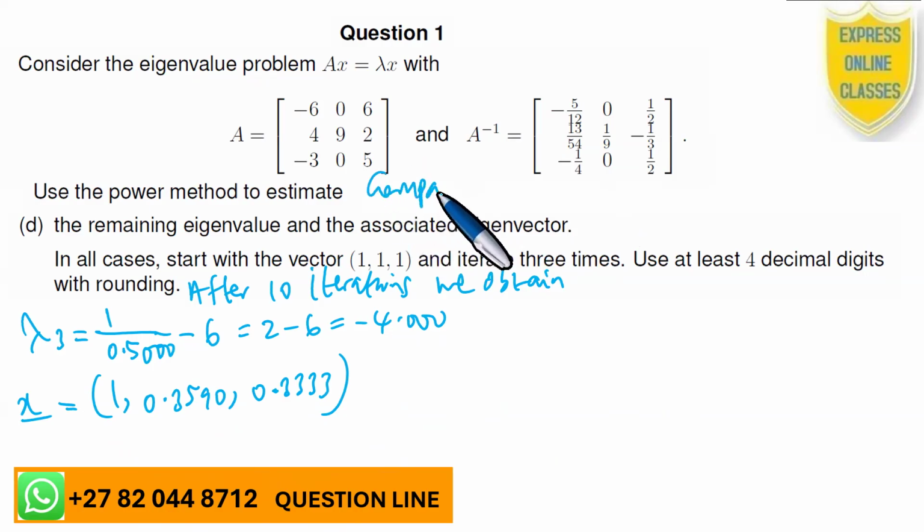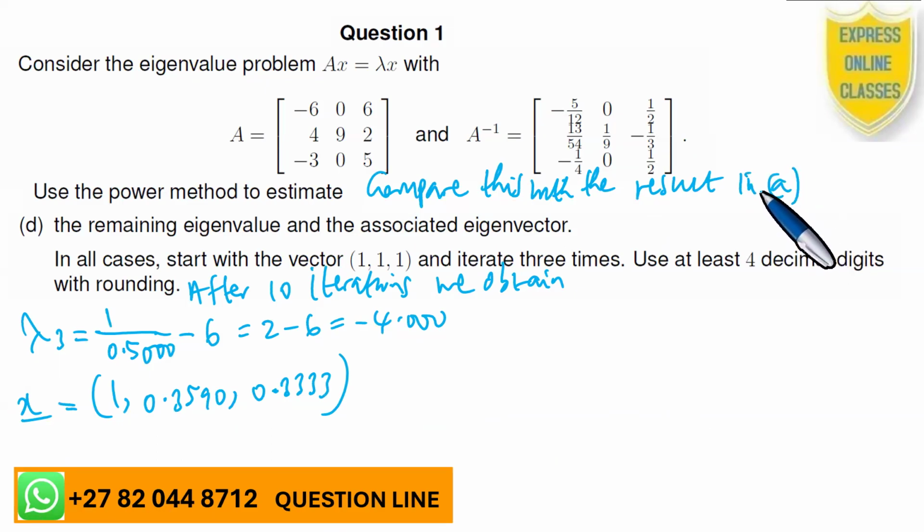So compare this with the results in A, when lambda equals -4, and okay, we did this last time, and m equals 1/3.